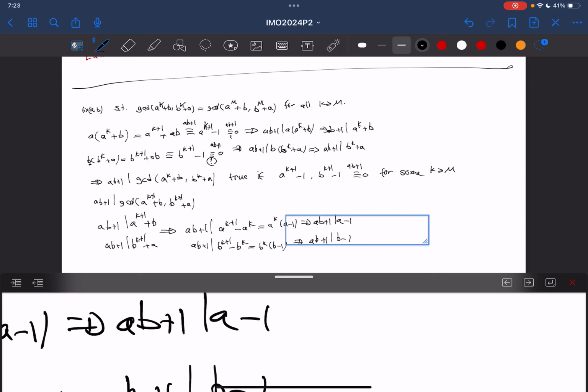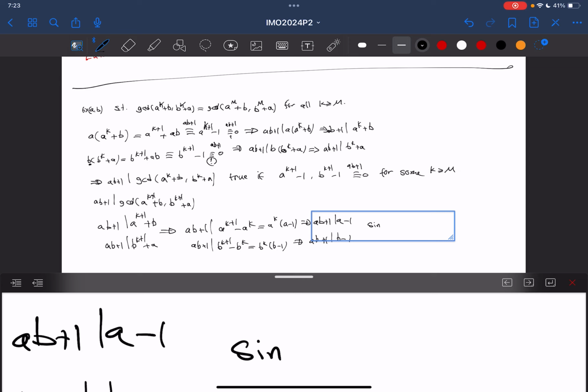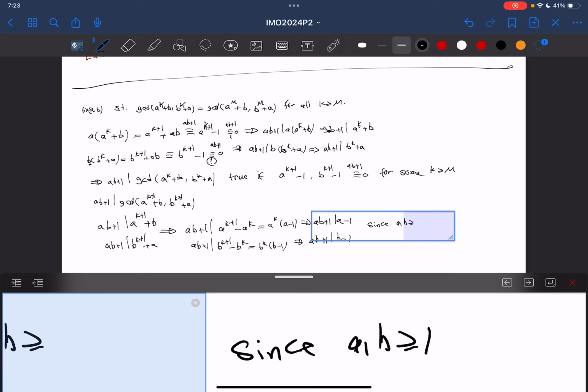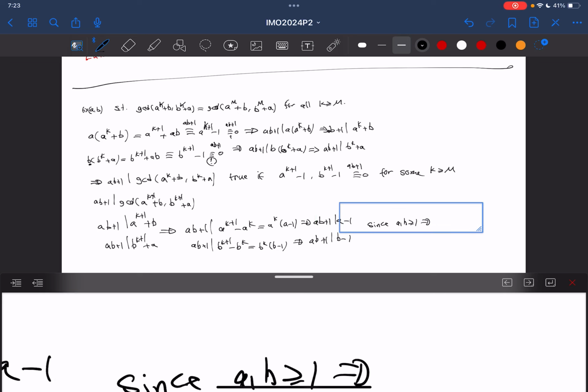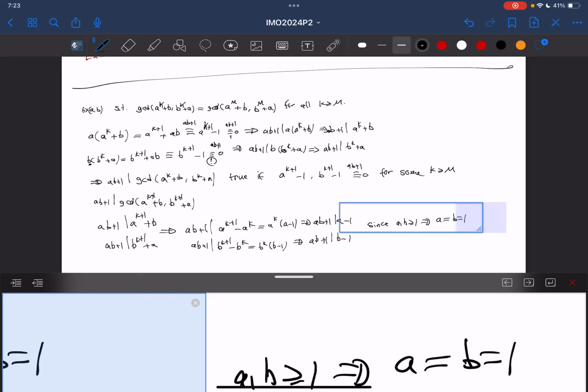And since both a and b are at least 1, you immediately see that this could possibly happen if and only if a and b are both equal to 1.